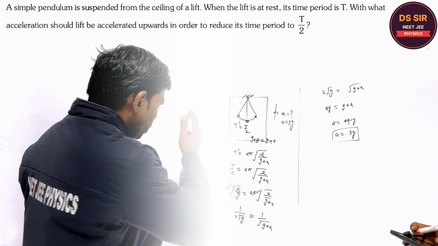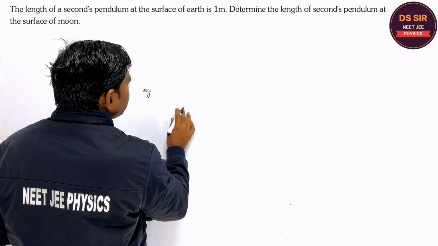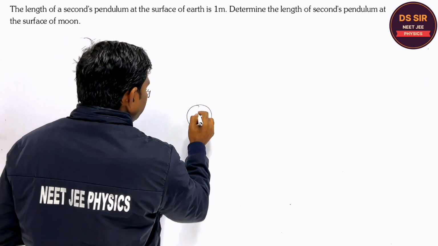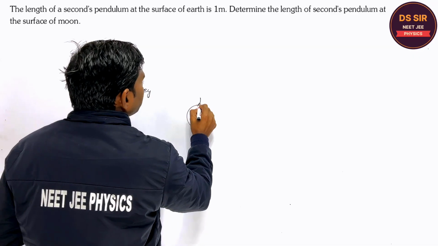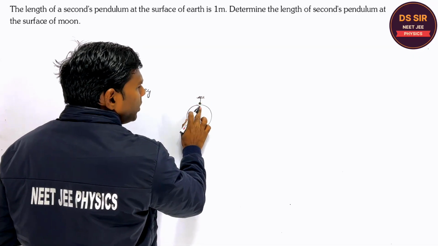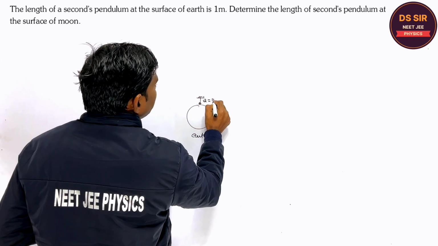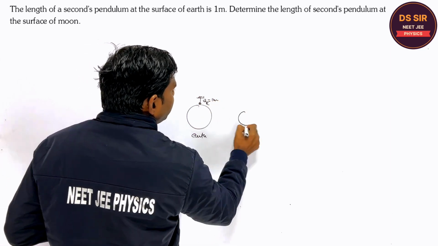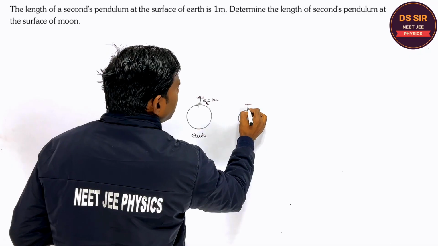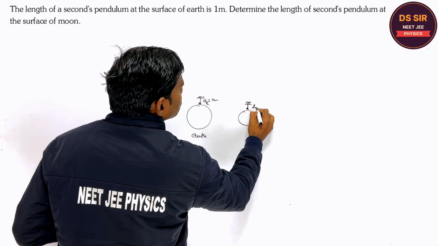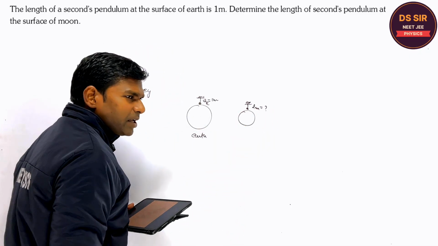Copy this. So read this question. As you know, the length of the second pendulum on the earth surface is equal to 1 meter. And if this is the moon, what will be the length of the second pendulum? They are asking. What is the definition of a second pendulum?